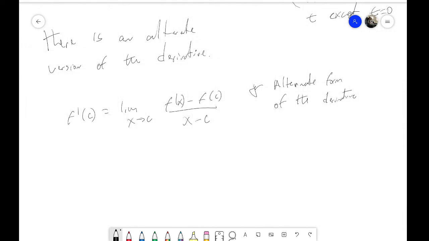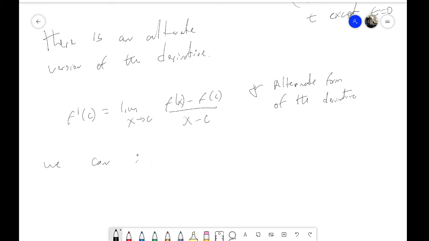Okay. This allows you to find one-sided limits, because you could find the limit from the left and the right of this. So note, you can basically use the fact that we can take left and right limits for this to find derivatives from the left and from the right.